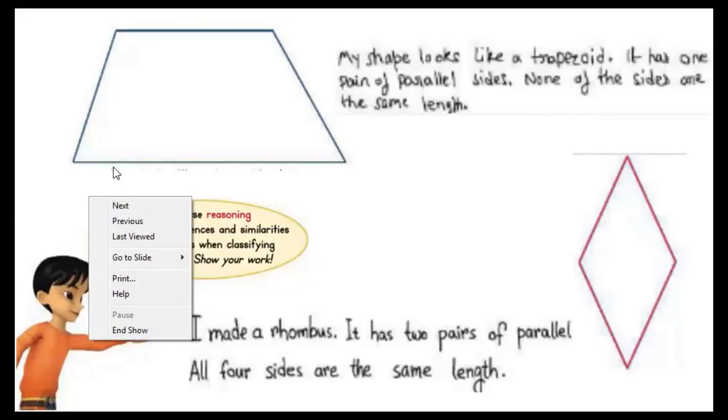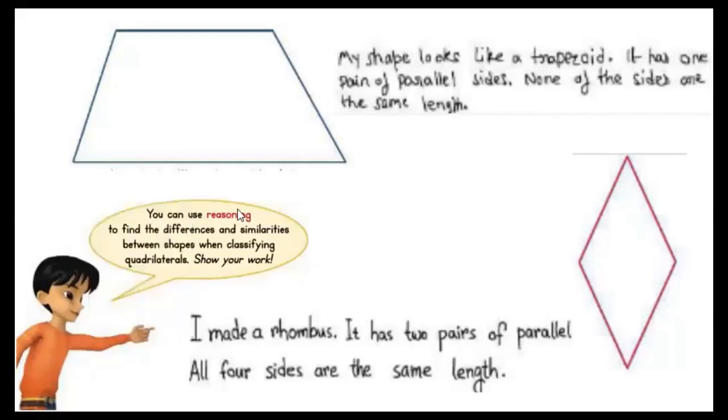Sure, no sides, or zero sides, are equal in length. So he is completely right in his drawing and completely right in his comment. So it's a good answer. The other one selected another shape, drew another shape, and wrote another comment.